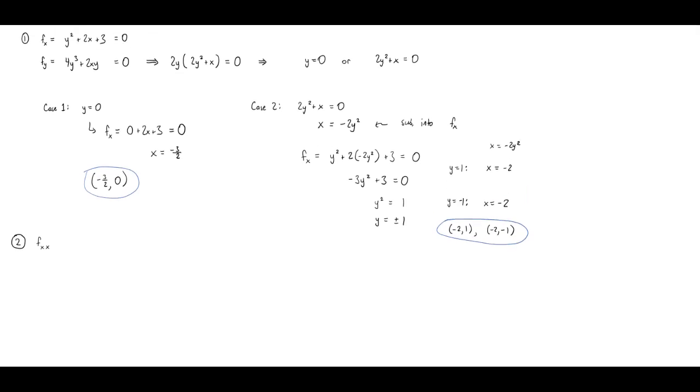Okay, so here is fx. So let's get fxx. That would be 0 plus 2 plus 0. Let's look at fyy. So fy with respect to y would be 12y squared plus 2x.